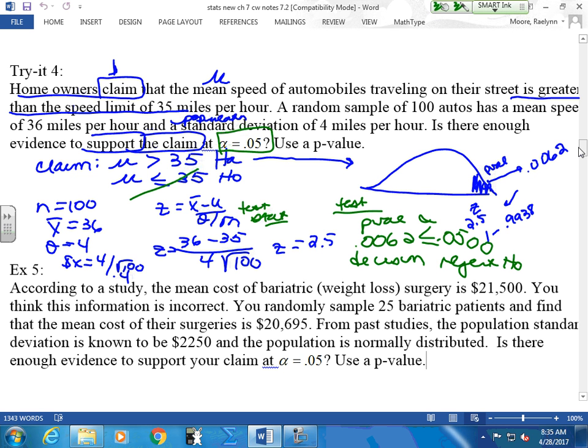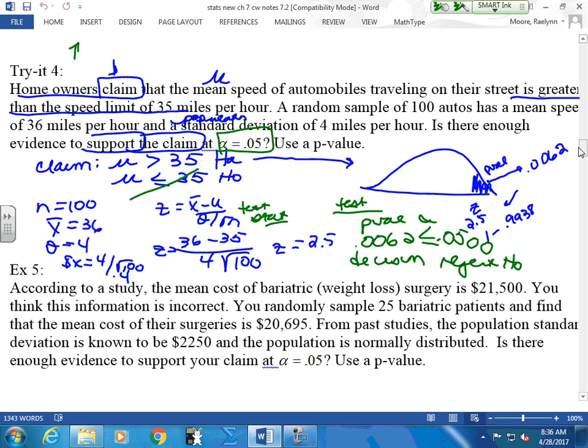But I can't say, yeah, I'm right, it's good, it's cool. I have to say, there is enough evidence to support the claim that the mean speed on their road is greater than 35 miles per hour. That's my final decision here, how I interpret this.